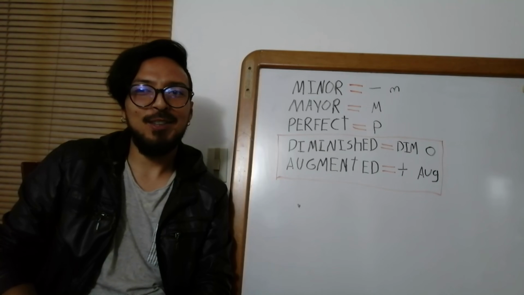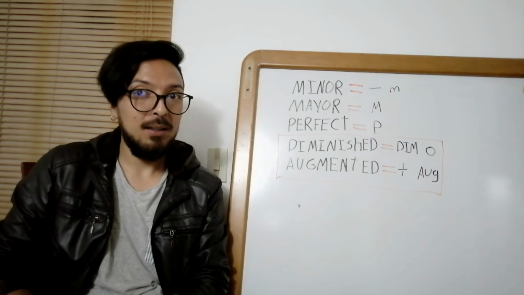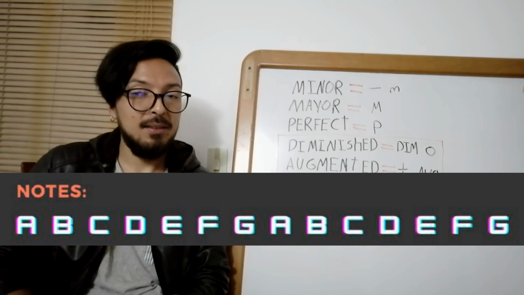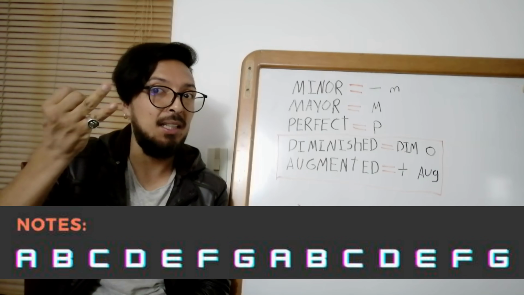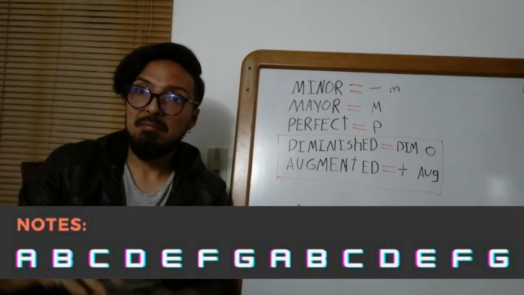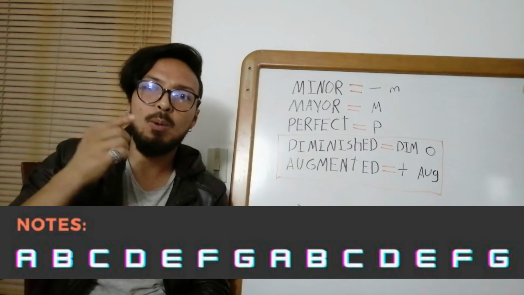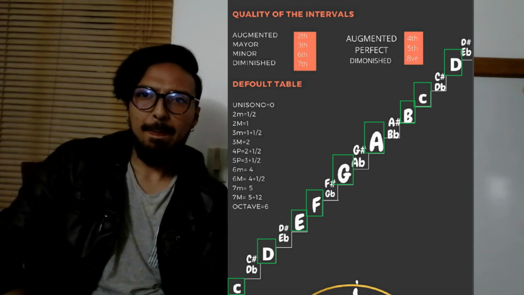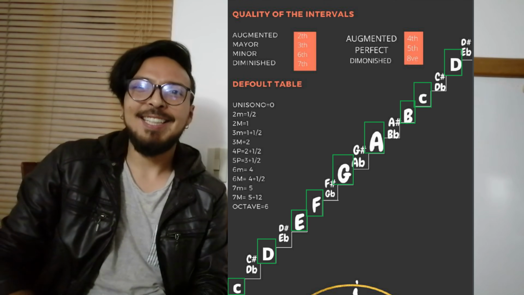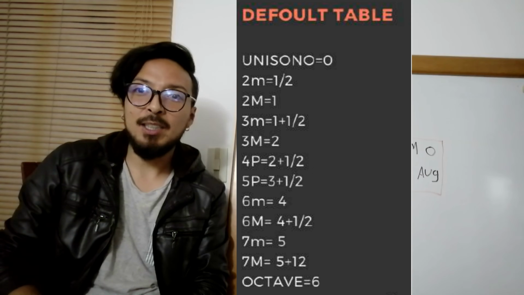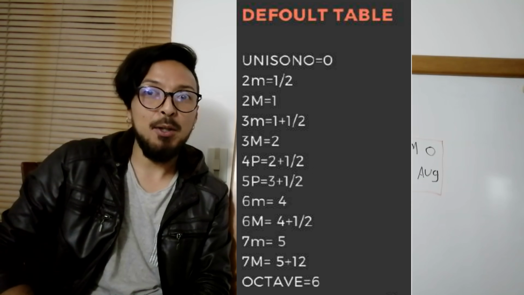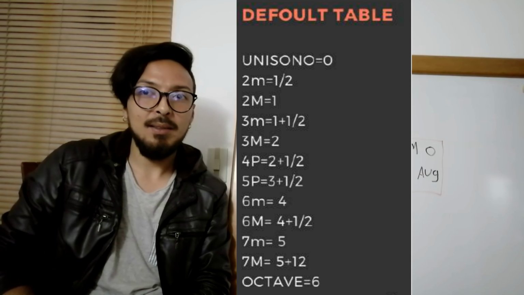So what's the interval between B flat and C sharp? B and C is a kind of second. Let's take a look at our table. That's an augmented second, right? Because the interval is bigger than a major second, right?